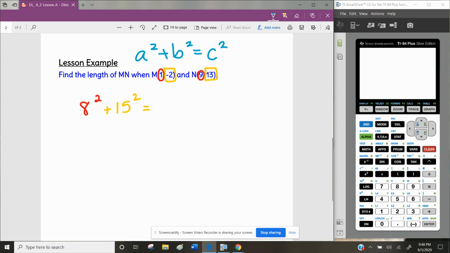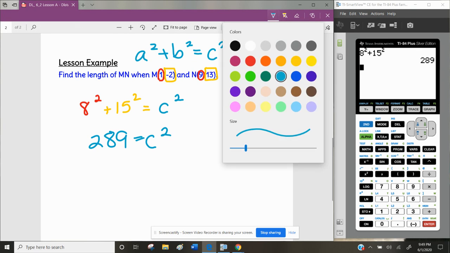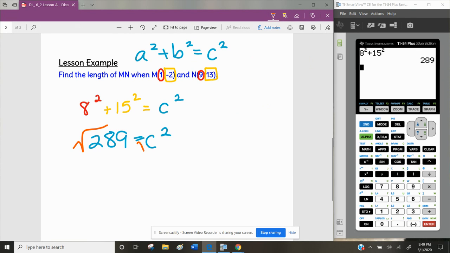And we're searching for that c squared value. 8 squared plus 15 squared is 289. And again, we don't want that squared value. We want the square root. We need to undo the squaring by taking the square root. That is 17. Sorry, don't mind my mental math here.